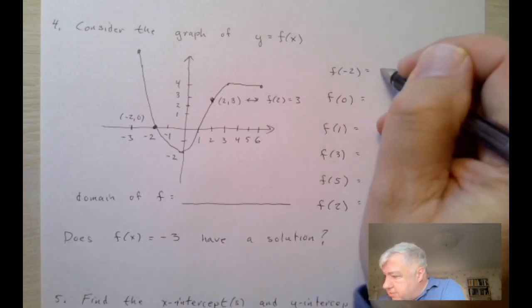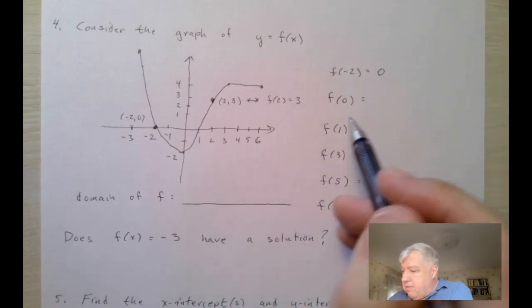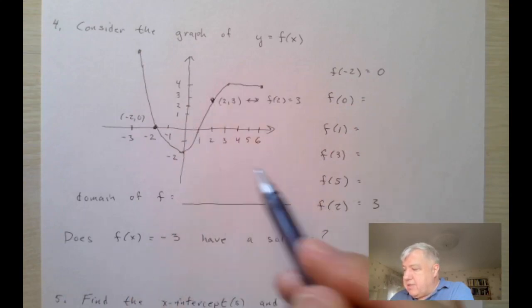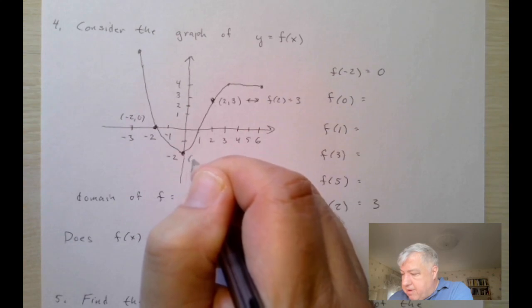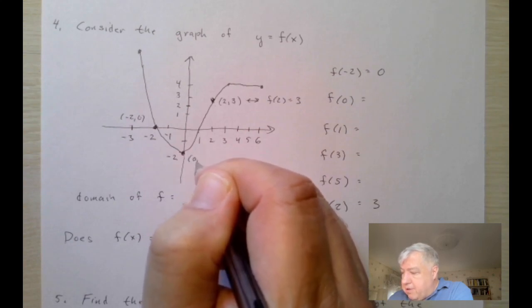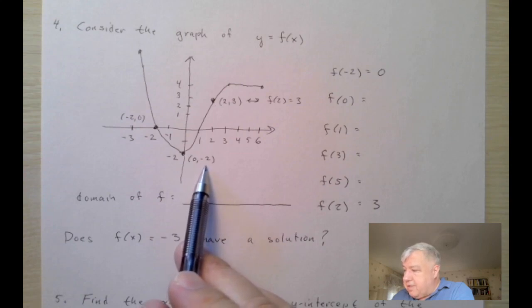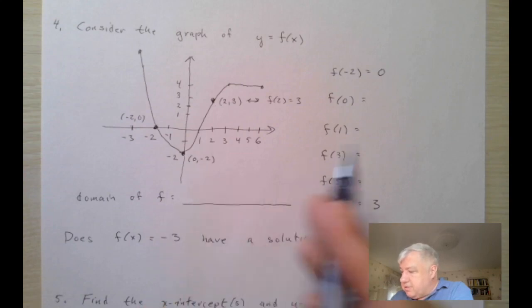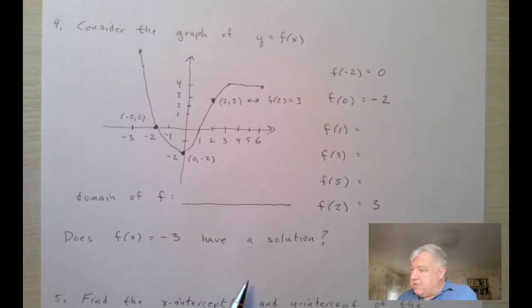That's the function value. F of 0: we look where x is 0. That's right here, the point (0, -2). So negative 2 is the output.